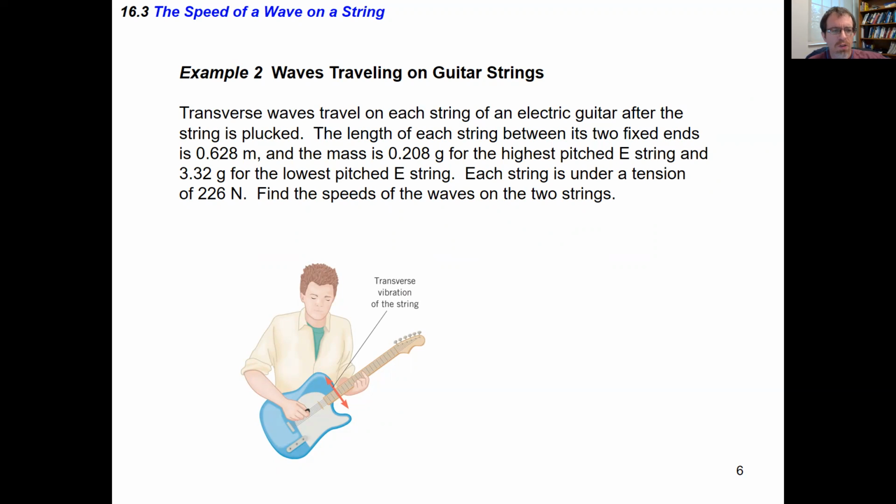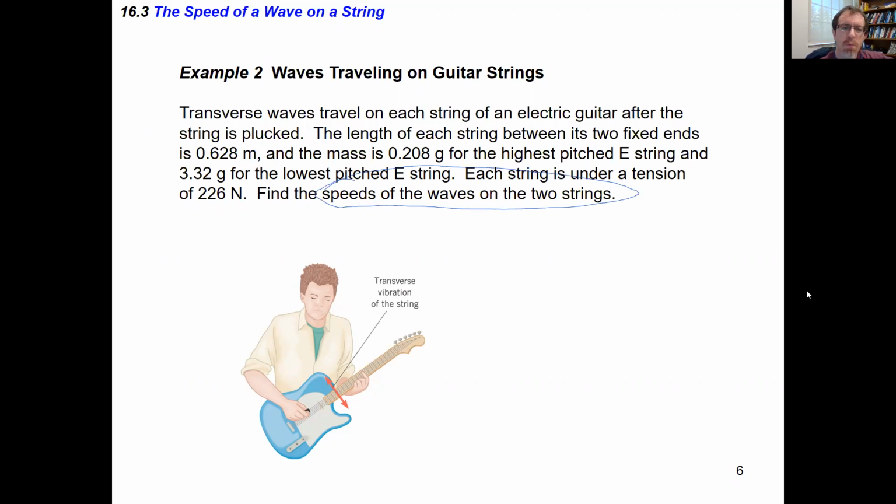Each string is under a tension of 226 newtons. We're also given the masses of the strings. The high E has a mass of 0.208 grams, and the low E has a mass of 3.32 grams. From this, we're supposed to find the speed of the waves on the two strings.